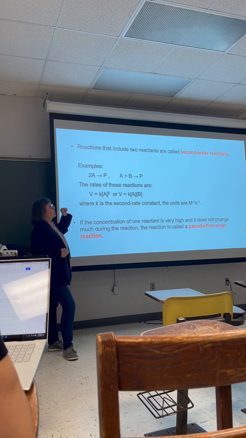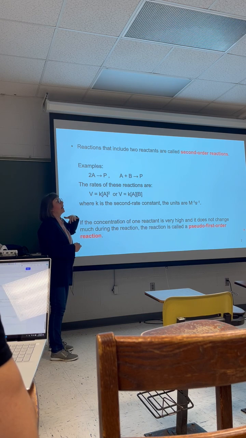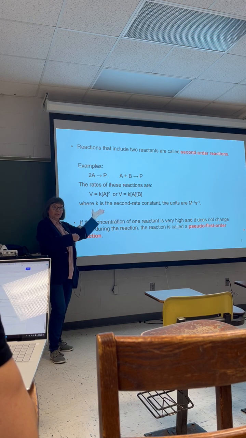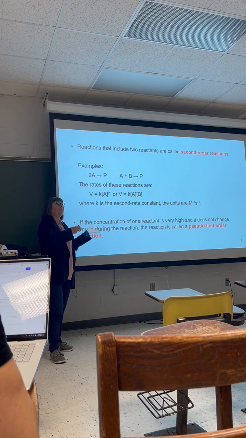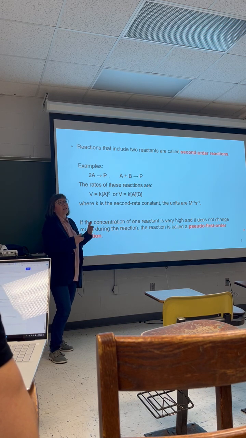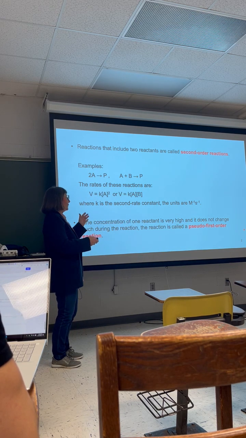So we could consider the concentration of water constant, and then the reaction velocity will really depend on the concentration of that second substrate. So we say it will be like a pseudo first order. Technically it is second order, but in fact it depends only on the concentration of that other substrate that is not water. Yeah, okay.